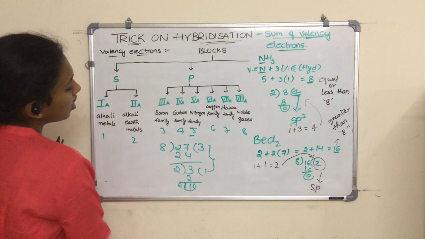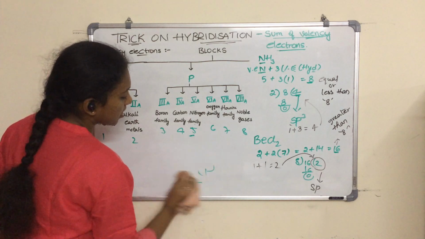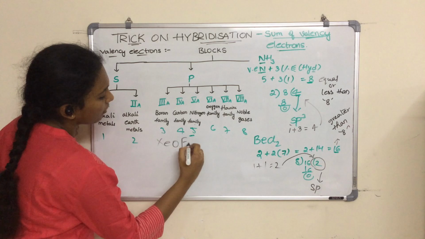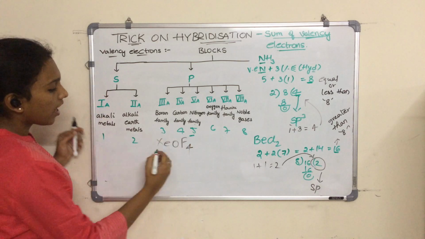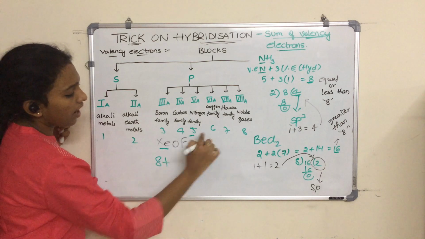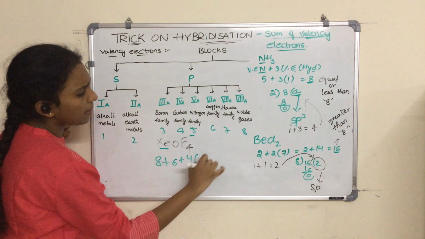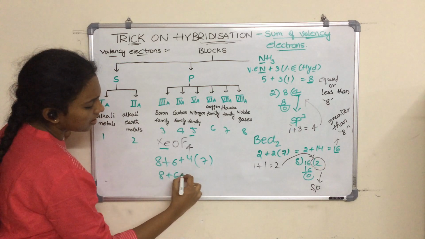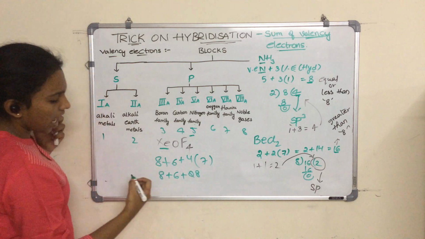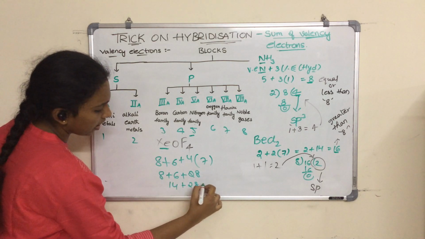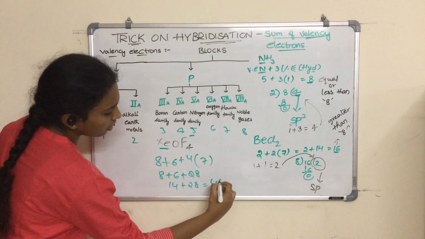Now I'll tell you another example like XeOF4. Xe, which is 8, plus oxygen family 6, plus 4 times fluorine, family 7, which is 28. Just add 8 plus 6, 14, plus 28, which gives you 42.